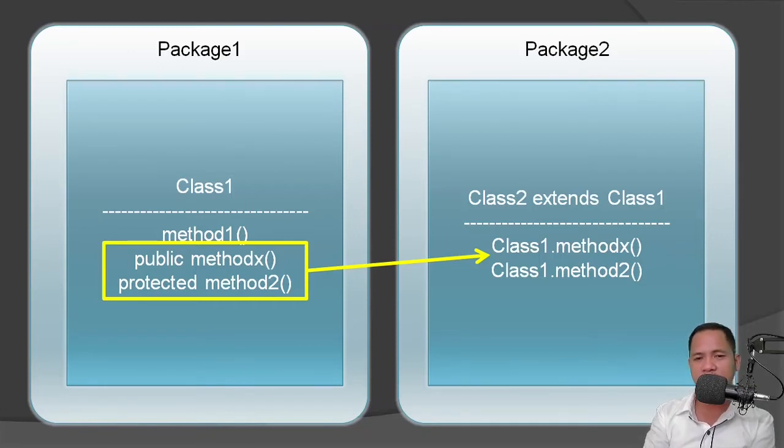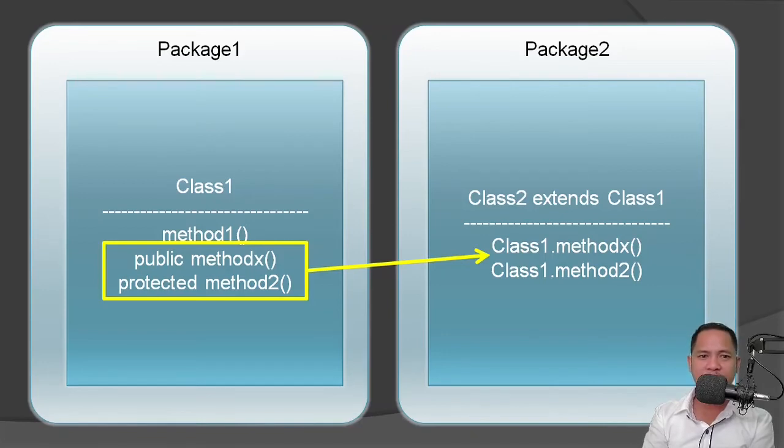And as you can see, class 2 extends class 1. This means that class 2 is based on class 1, and therefore, class 2 is a subclass of class 1. And that is why it is able to access method 2 within class 1, because the member method 2 in class 1 is protected.